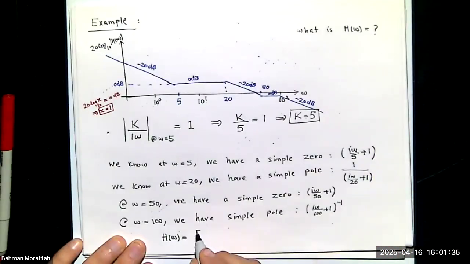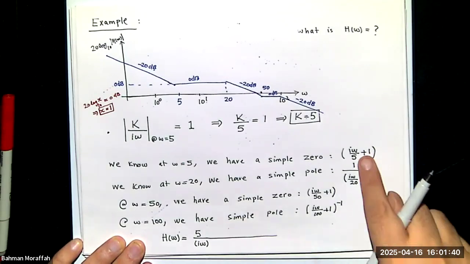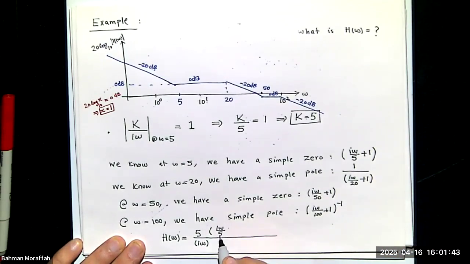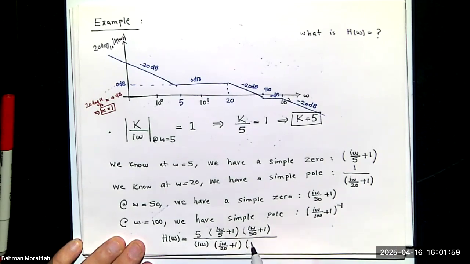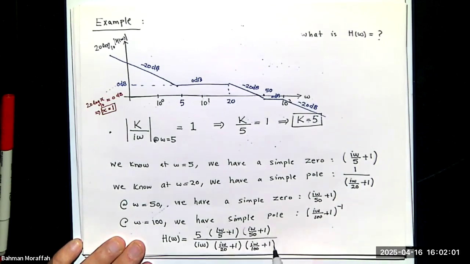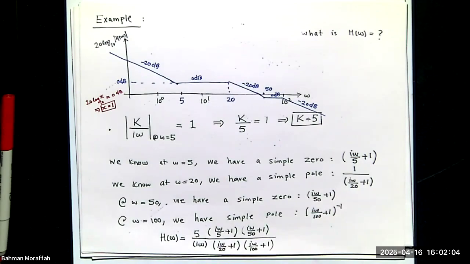It is 5 over i omega times (i omega over 5 plus 1) divided by (i omega over 20 plus 1) times (i omega divided by 50 plus 1) divided by (i omega over 100 plus 1). Right?